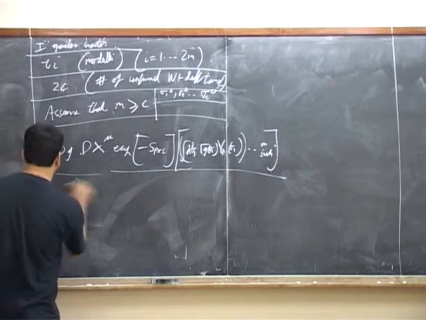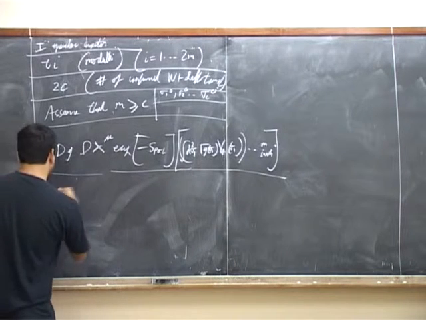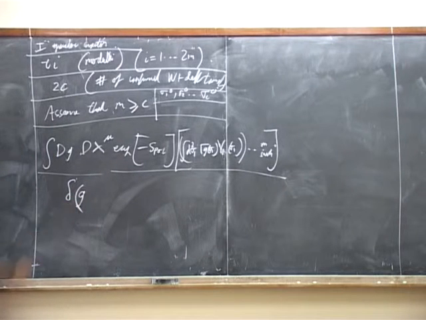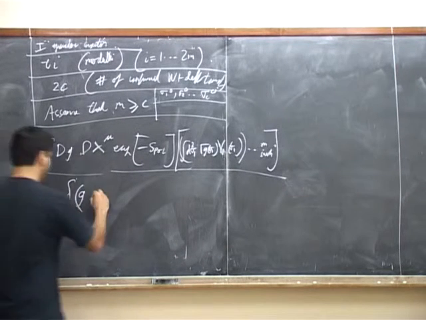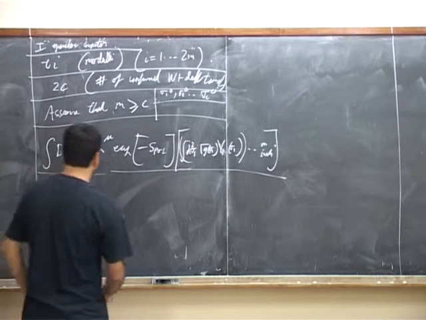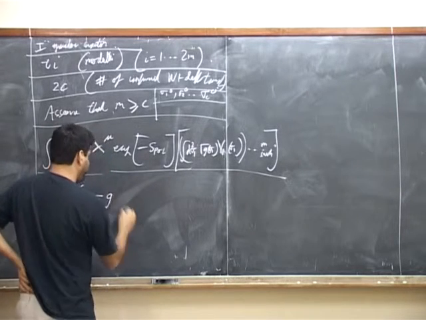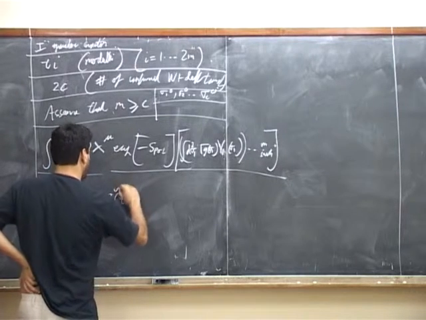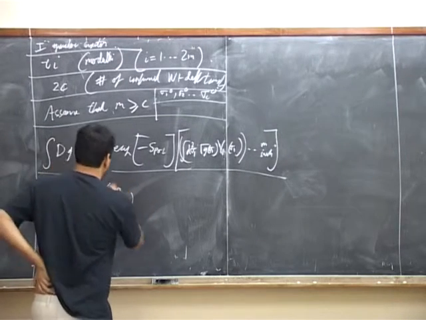Now we insert identity in the following fashion. Consider the metric of your system, and let's call it g, and subtract from it the fiducial metric g-hat, transformed by diffeomorphism and then Weyl transformed.